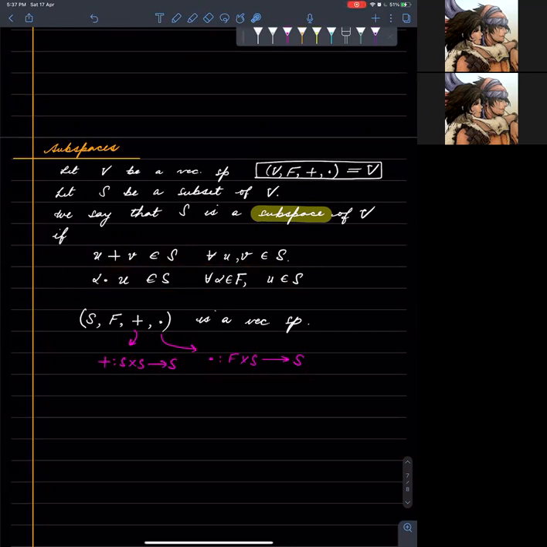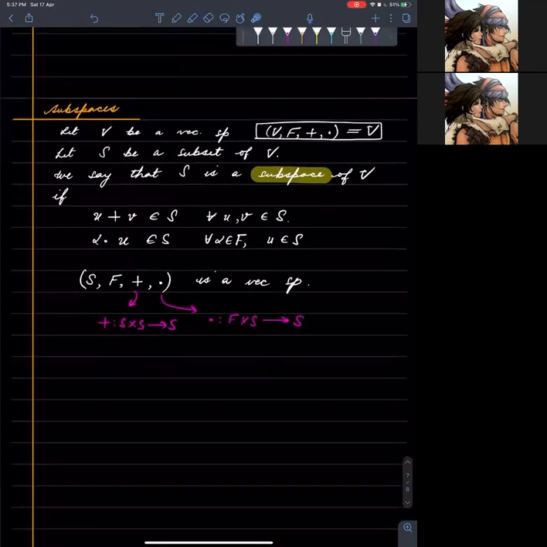So basically, we call a subset a subspace if it becomes a vector space by borrowing addition and scaling from the parent space V. And yeah, so that's a subspace.